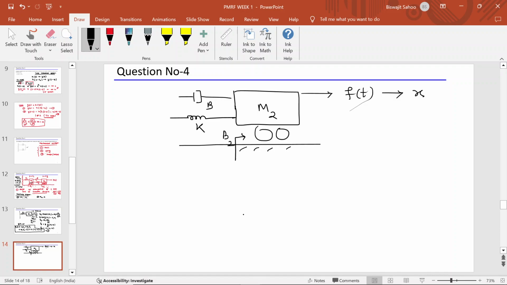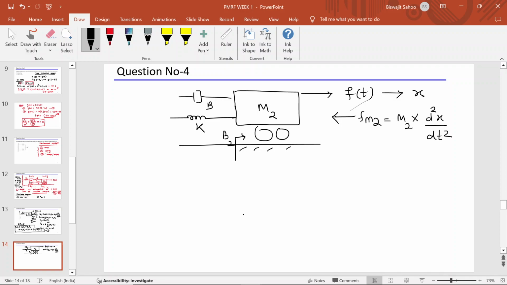Now first you write down on the right hand side what the opposing forces are. They should act in the opposite direction. Whenever you move mass M2 to the right hand side, because of inertia it wants to come back to the original position. So for mass M2 there is a force Fm2, that is mass times acceleration, M2 times d square x divided by dt square.